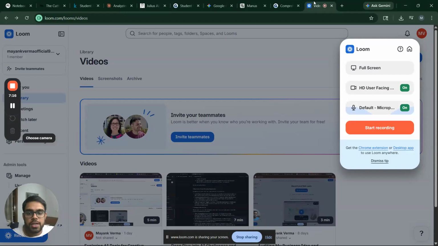Now, this is the flow I went with. First, I found a data set. I went with the student mental health and burnout data set because I had some experience with Kaggle in my university time.